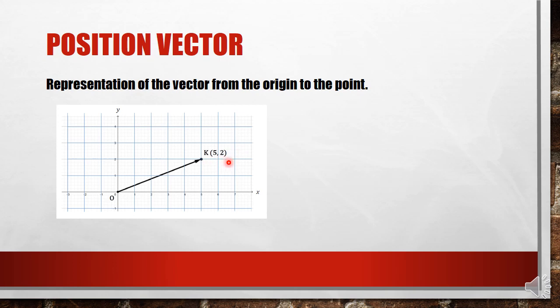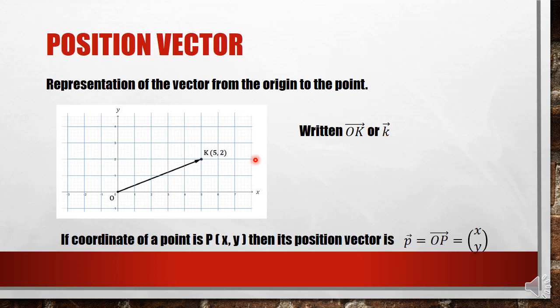The position vector for this can be written as OK, or just k with a small letter. This indicates its position vector. So in general, if the coordinates of a point P are (x, y), then its position vector is p, small letter, or OP, equal to (x, y). Okay, this is the position vector.